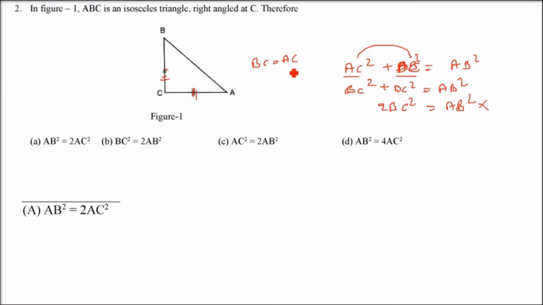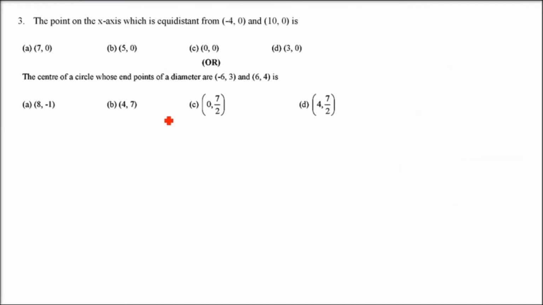No, we don't have any option. So we'll take the other way. We'll write BC as AC. So what do you get? AC square plus AC square equals AB square. So this is 2AC square equals AB square. Do we have this answer? Yes, the A1. This is the answer.